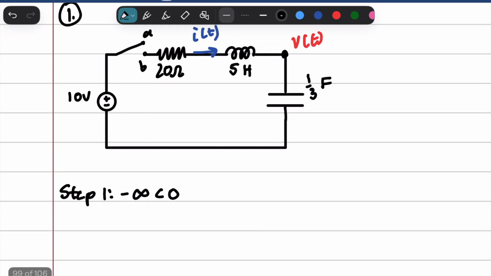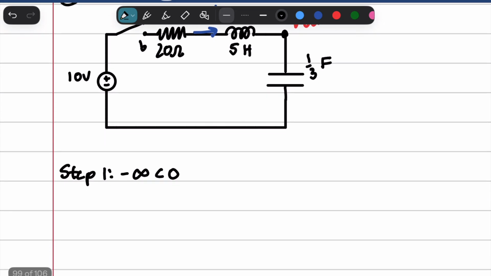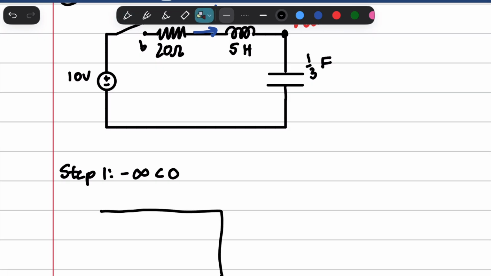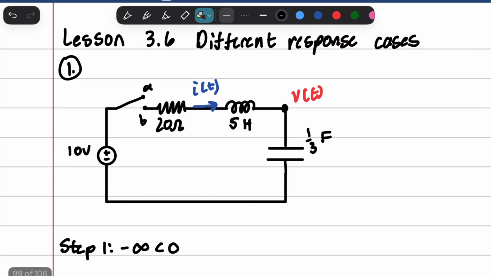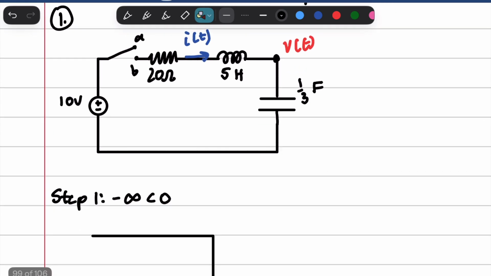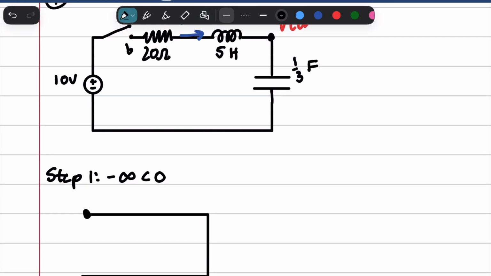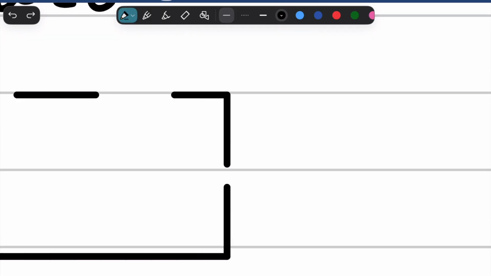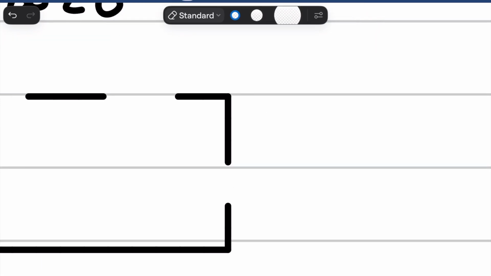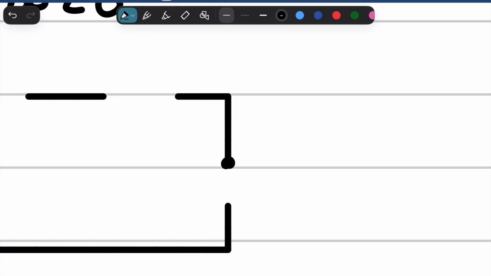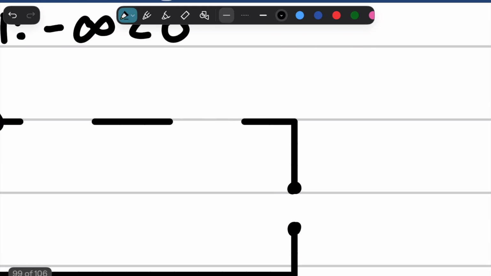So at the negative infinity portion of this circuit, we just have an open circuit because it's up at A. So right now we just have B right here. So this part right here is going to be open because we're in a DC environment. It's a capacitor.